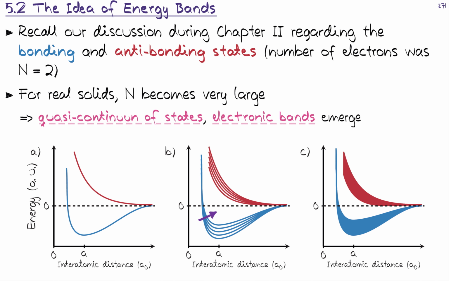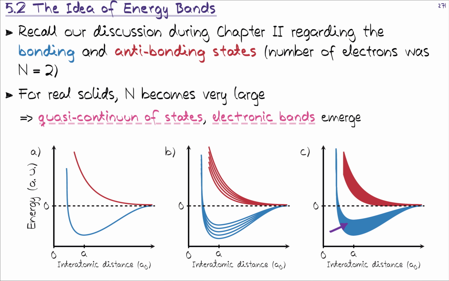And now in figure B and in figure C, we are increasing the number of electrons we put into our system. And essentially what we see here is that we start having more and more states, but their character remains. So some of the states are still bonding in nature, and the other ones will be anti-bonding.